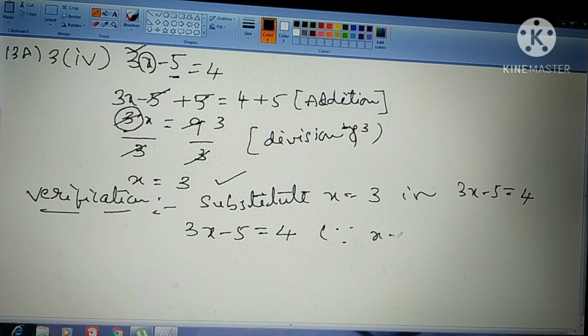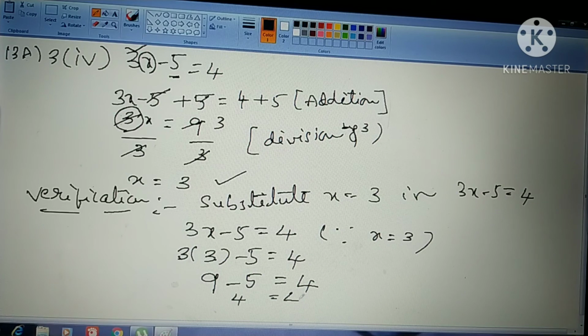Since x is equal to 3, place this one in place of x. I am writing here 3 3s, 9 minus 5 equal to 4. What is 9 minus 5? 4. That equal to this only, 4. So LHS equal to RHS. Very good, right?